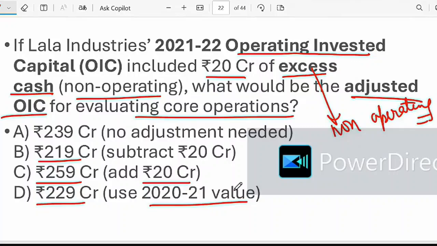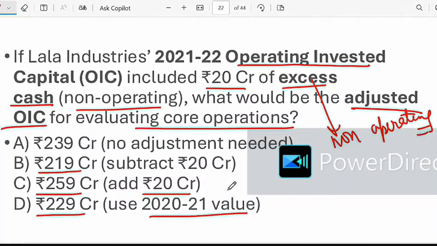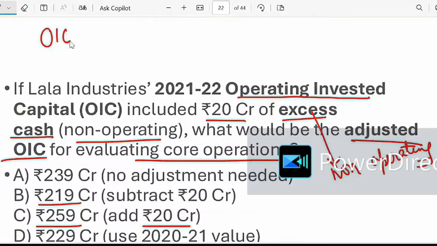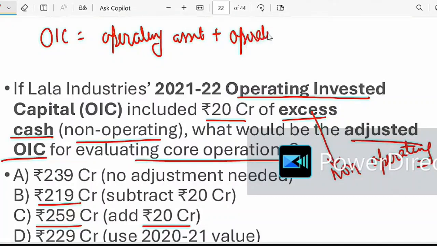So what is OIC? The formula of OIC is operating asset plus operating working capital. Excess cash is called non-operating because it is not part of the core business. So we need to subtract that excess cash to get adjusted OIC.